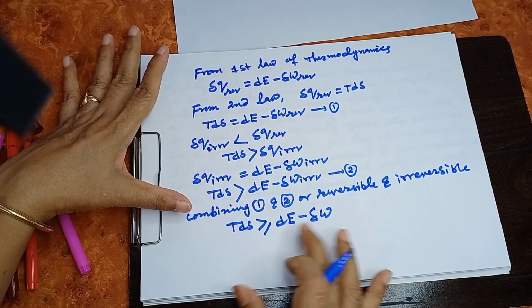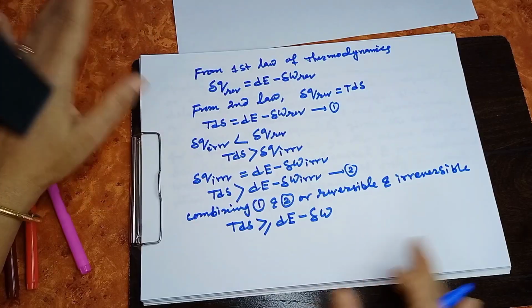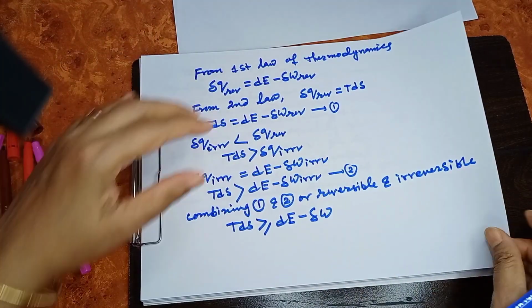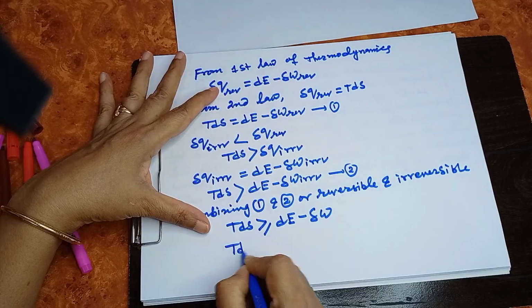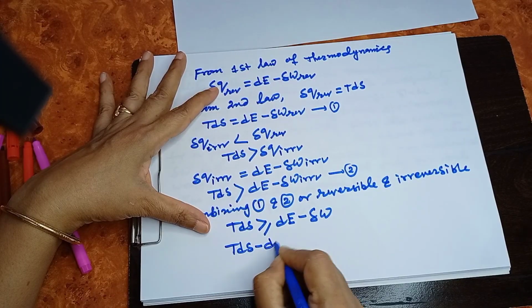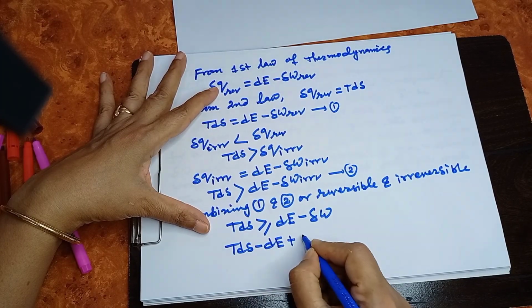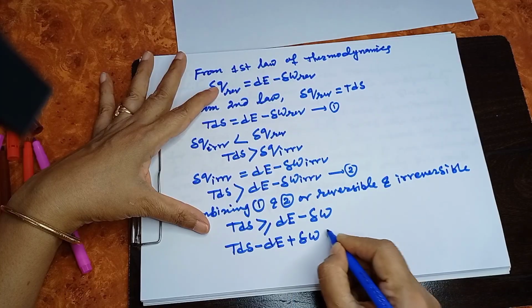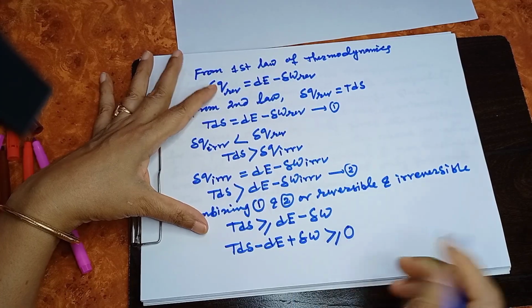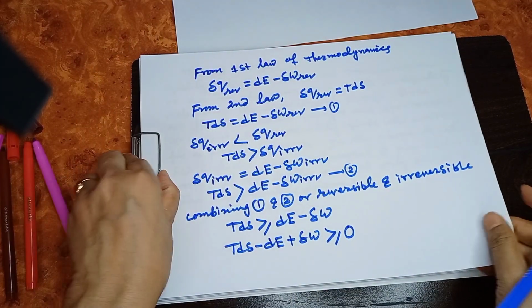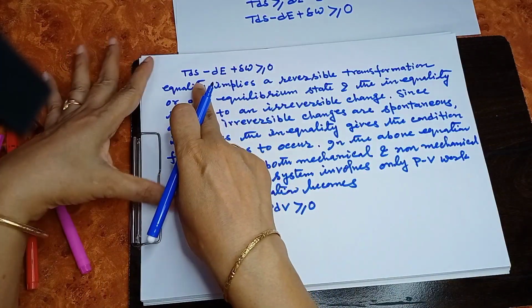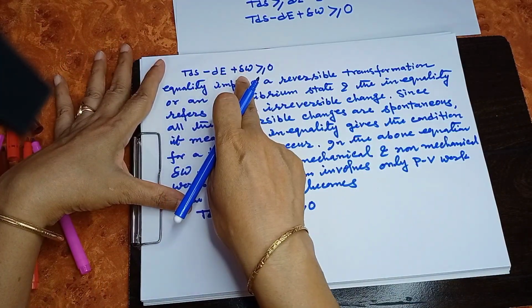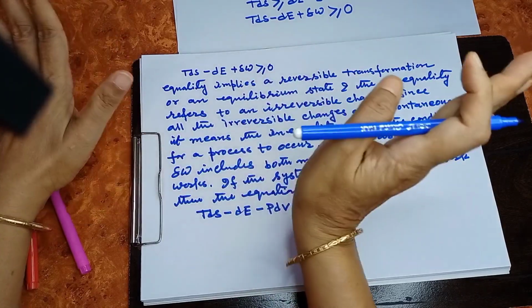So from here we can write TdS minus dE plus del W greater than or equal to 0. The same equation I have written.